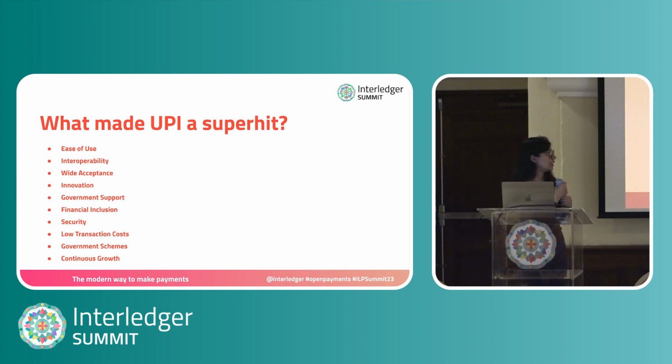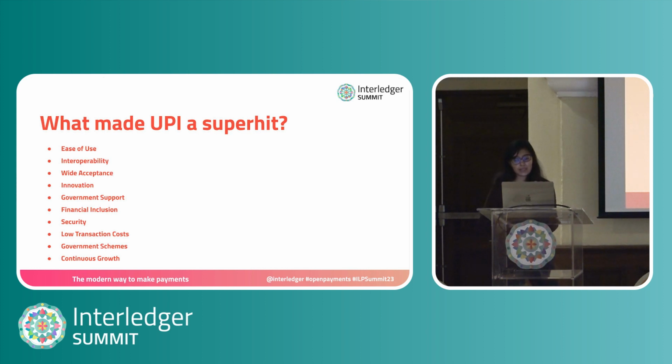So what actually made UPI such a big hit in India, and how is it so widely accepted within such a short span that it has existed for? First is ease of use. It's super easy to use. All you have to do is scan a QR code, enter the amount, and that's done. Before this, there was no such easy-to-use system, so it was widely accepted because of that reason.